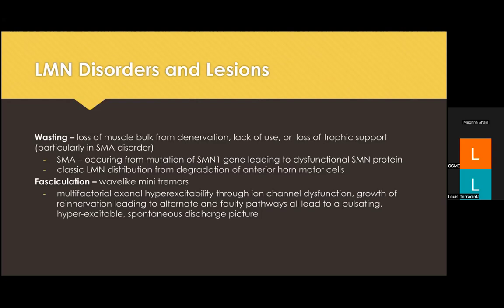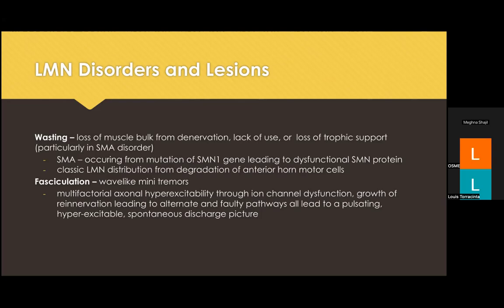And then you get all these alternate and faulty pathways that aren't fully developed. That leads to pulsating, hyperexcitable, spontaneous discharge, which leads to this weird fasciculation, like the muscles just flexing a little bit in a wave-like fashion.